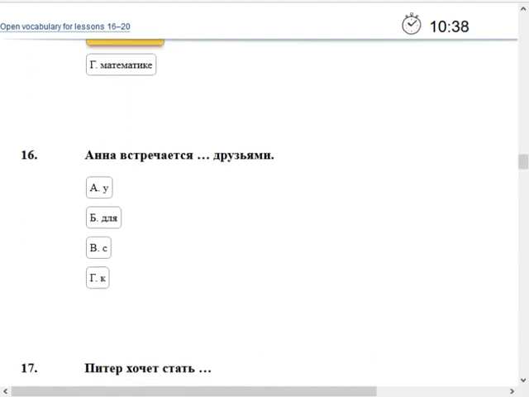Okay. Она встречается с друзьями. Aha. Друзьями, this word is the instrumental plural of друг, friend. So did she go with friends or did she go to friends? Well, if it were к, so at the bottom к, if she went to friends, that would be wrong because к is dative.